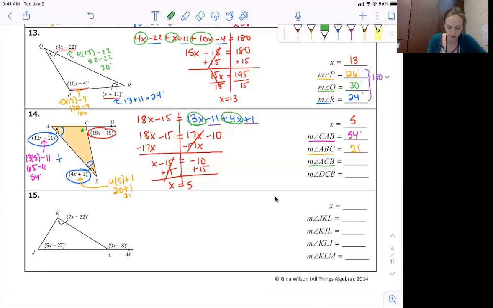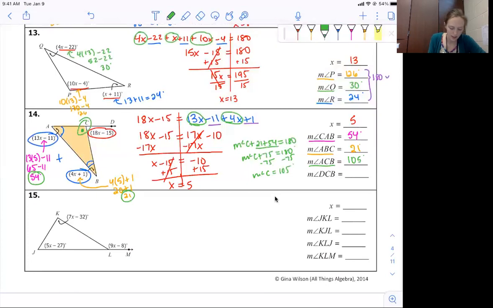So I can say that the measure of angle C plus this 21 plus that 54 equals 180, because they're on the inside of that orange triangle there. So 21 plus 54 gives me 75. So the measure of angle C plus 75 equals 180. And then subtract 75 on both sides. And we get the measure of angle C equals 105. So this is 105.